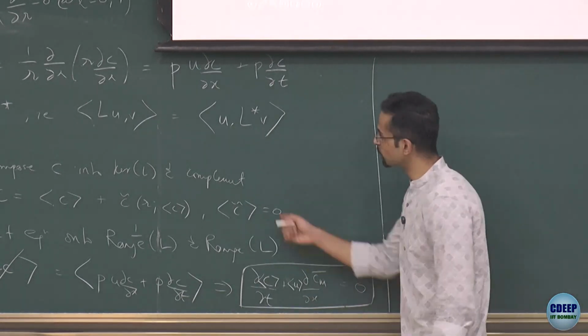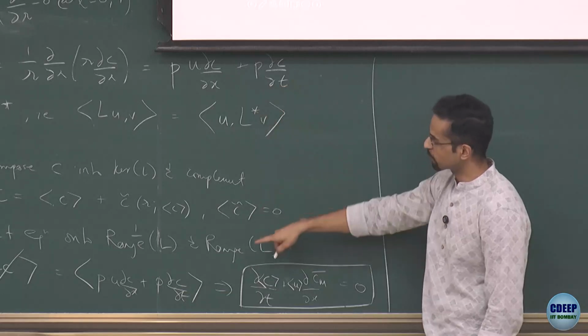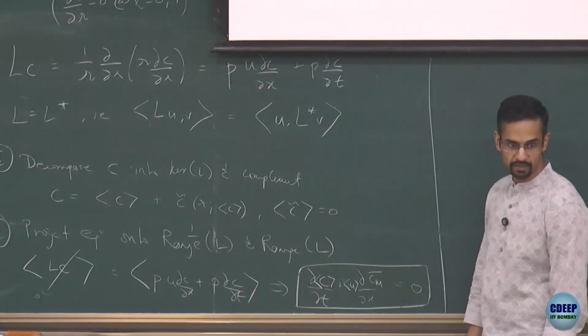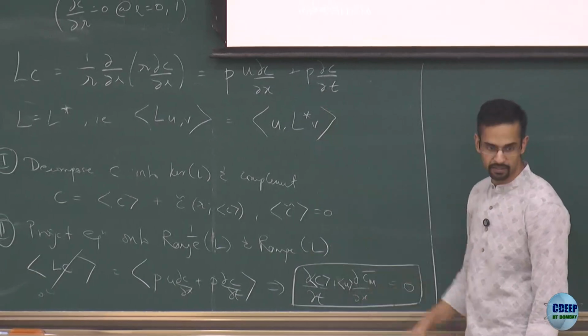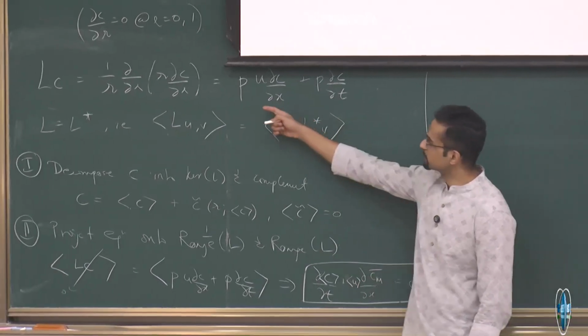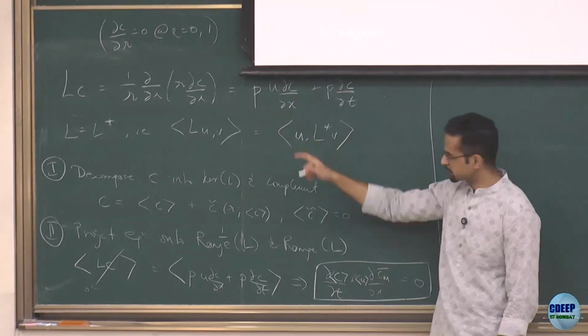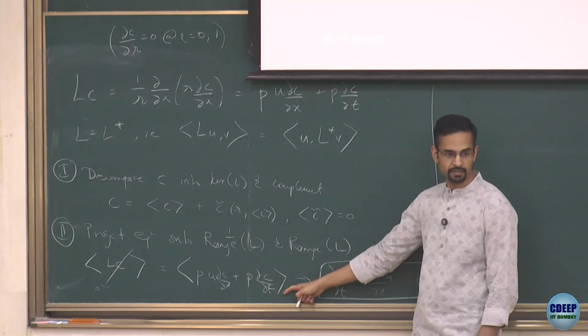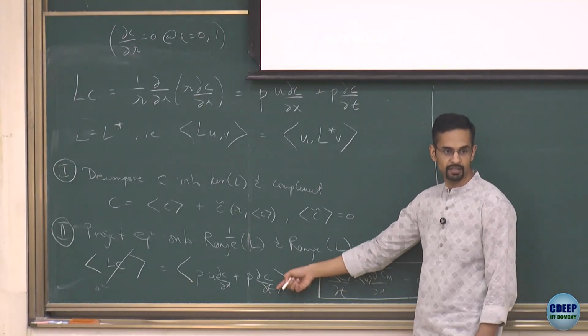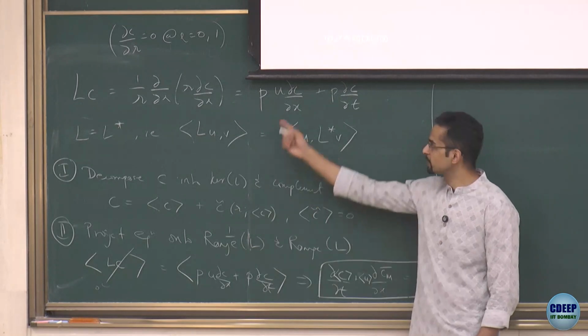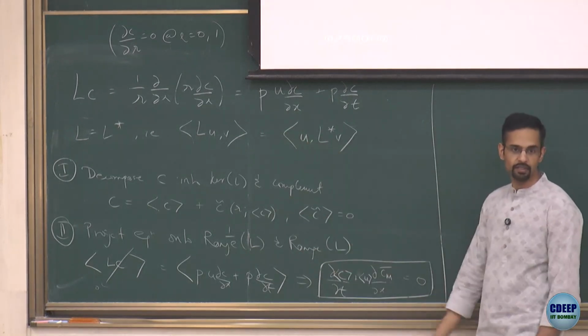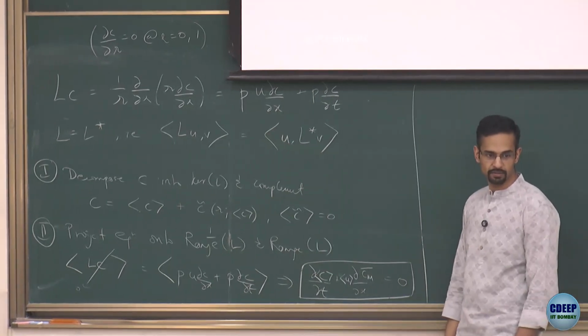So what I'm going to do is go to my original equation now, but now look at the complement to the range. Sorry, to look at it in the range. To find that, all I need to do is take my equation and subtract out this, because this is the stuff that's in the range complement. If I remove it, I will get the stuff that is projected onto the range. Okay.